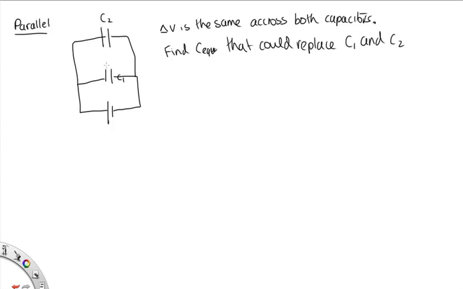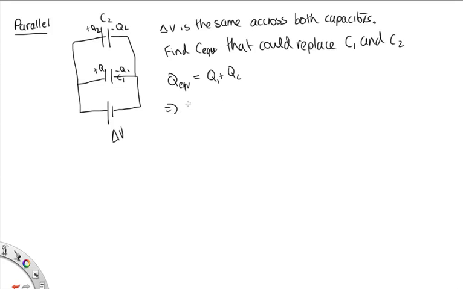Well, we know that the total voltage difference across these two capacitors will still be delta V, and if we've got a charge plus Q2 on this plate and plus Q1 on this plate, minus Q2 on this plate and minus Q1 on this plate, the total charge on this side is going to be Q1 plus Q2. So Q equivalent will have to be equal to Q1 plus Q2.